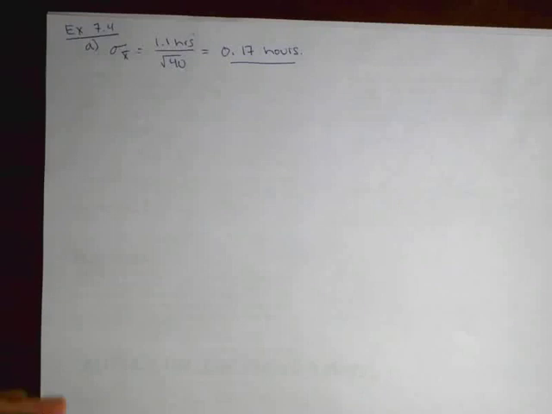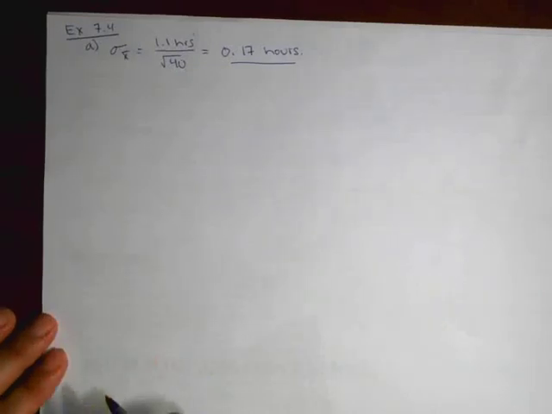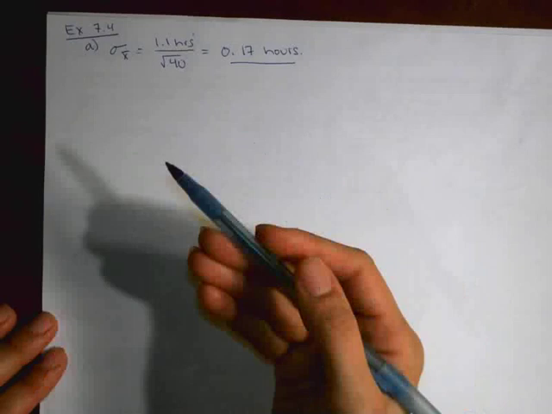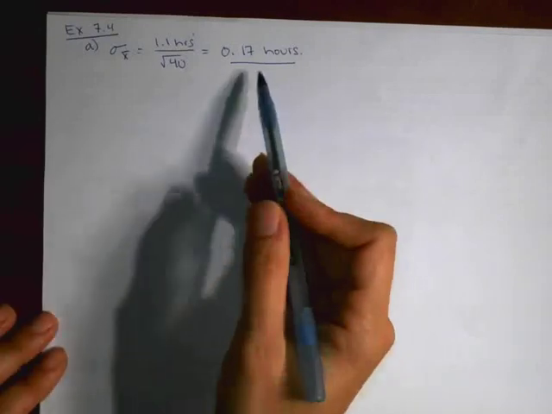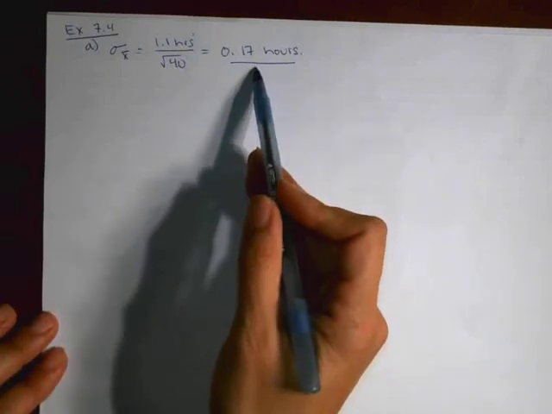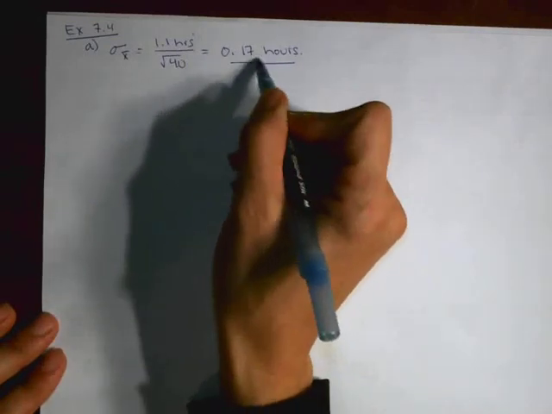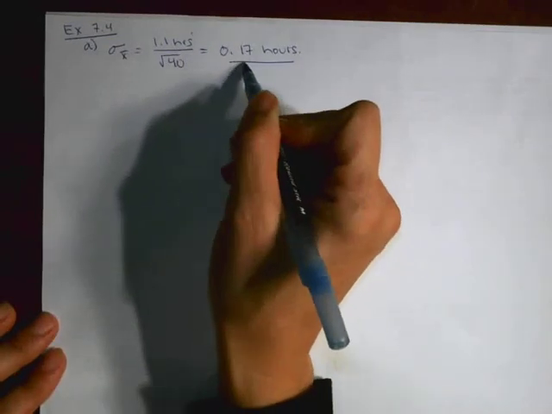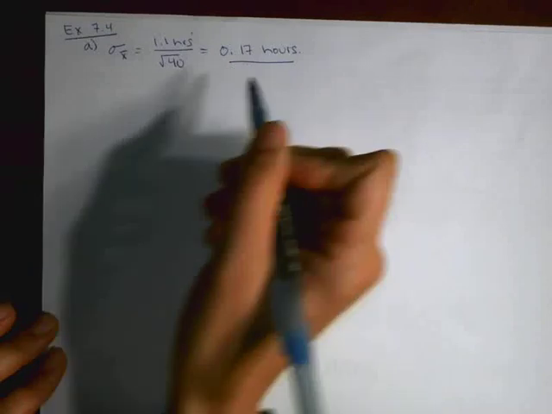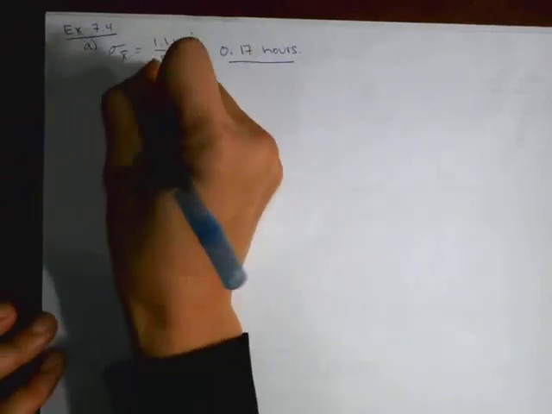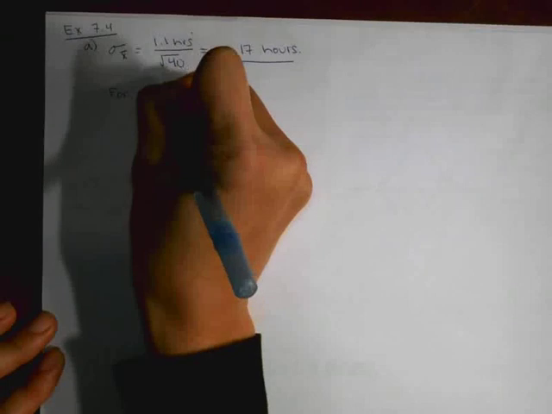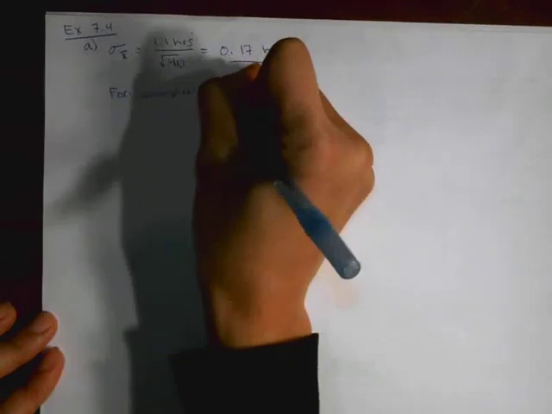We know that they go out for 4.9 plus or minus 1.1 or so, that's the standard deviation. So what does this 0.17 mean? If we took 40 of them, chances are we would get about this close to the true sample mean.